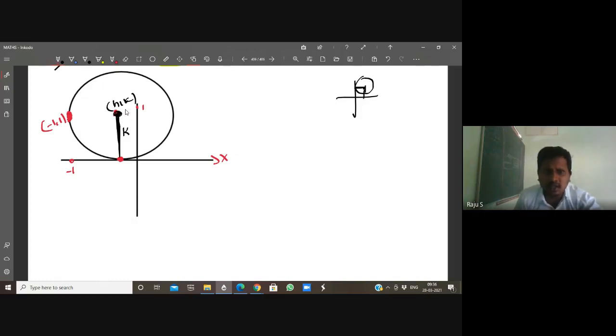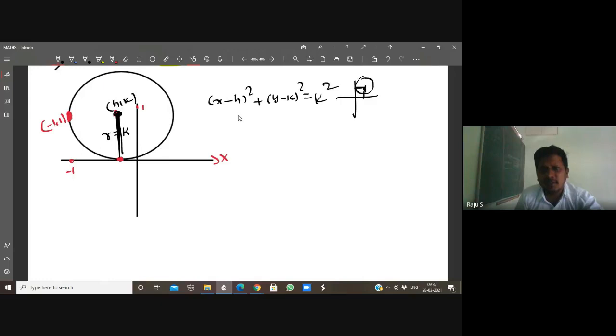Right, we know the center, and we know the radius r is equal to k. What is the circle equation? (x minus h) the whole square plus (y minus k) the whole square is equal to r square. The r value is clearly k square, because here it is touching the x-axis.